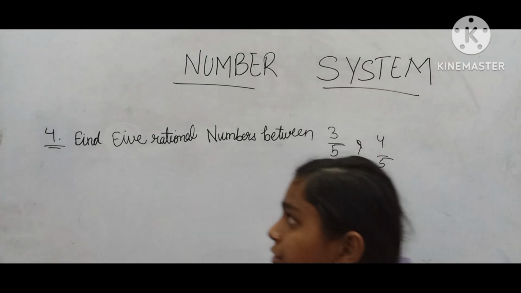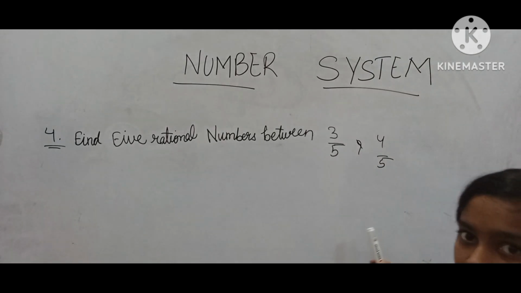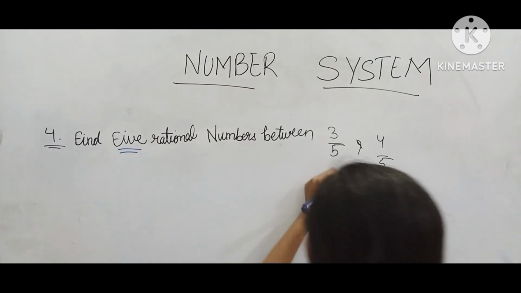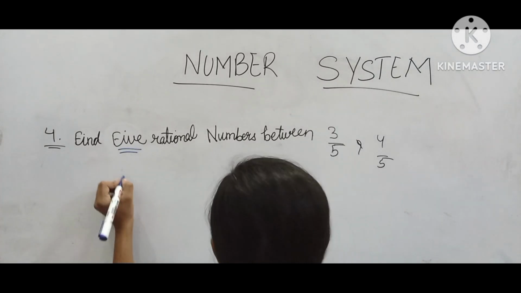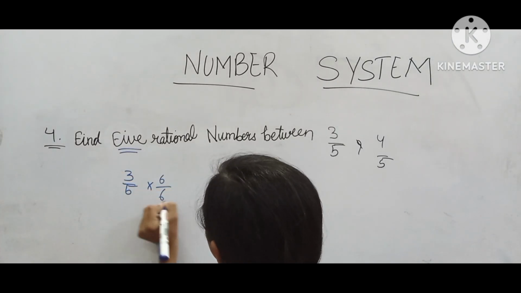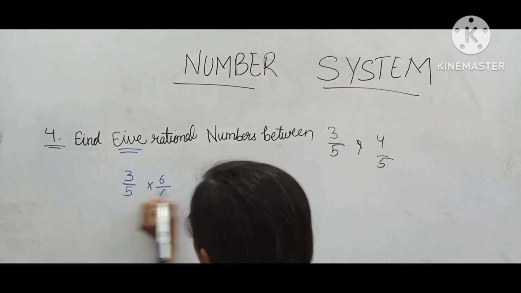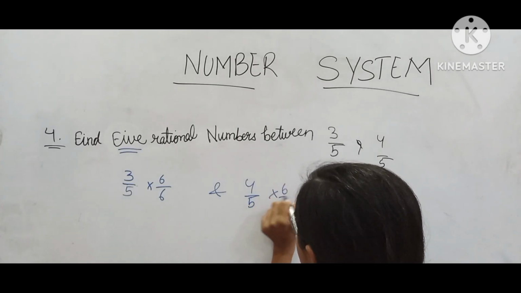The next question, the fourth question, is find 5 rational numbers between 3 by 5 and 4 by 5. It's the same question. We'll take a number greater than 5 and multiply with these. The denominators are the same, so there will be no problem again. So it would be 3 by 5 into 6 by 6 and 4 by 5 into 6 by 6.